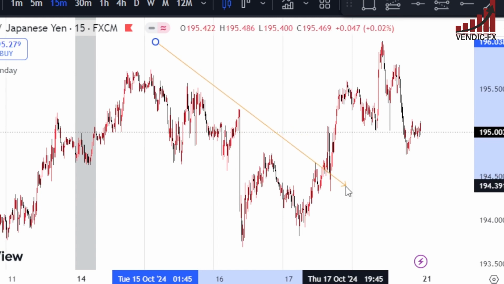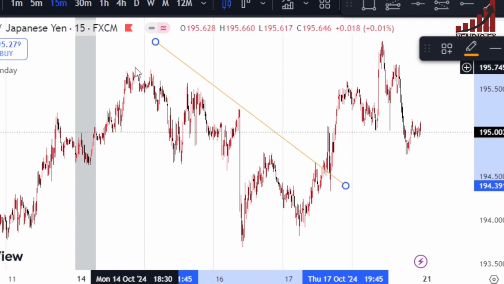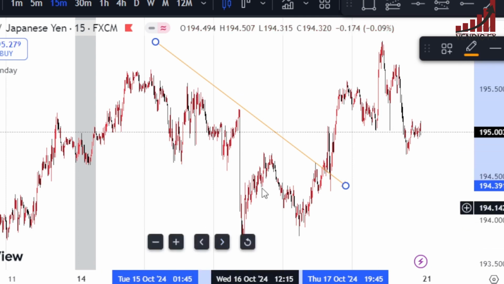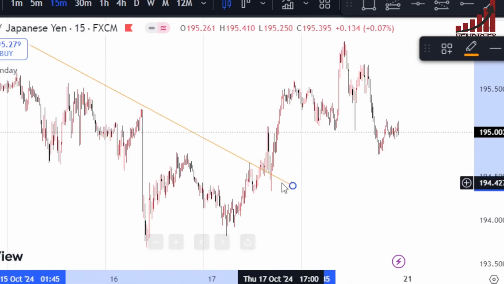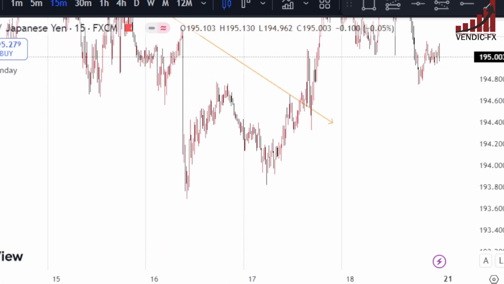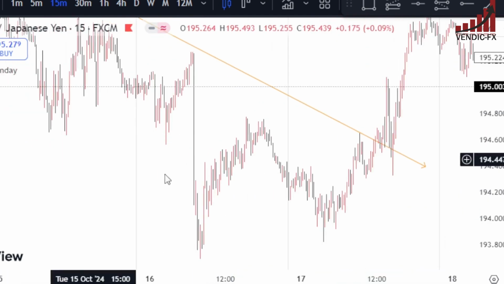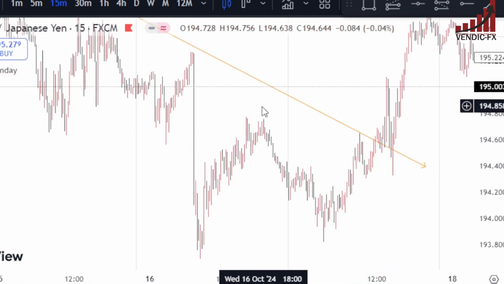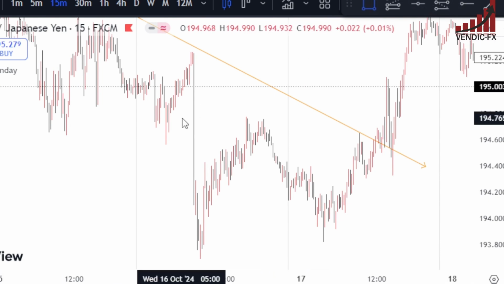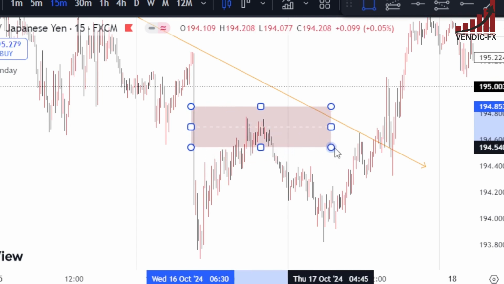This is the current market structure. We have a lower low, a lower high, a lower low, and we are very sure that we have to create another lower high from here, because let's say we are trading off of this particular fair value gap.